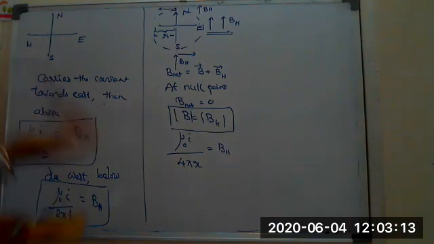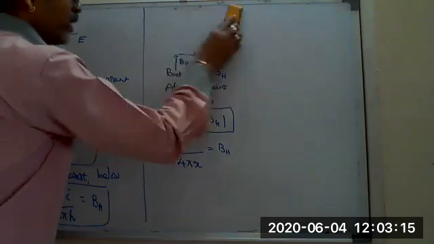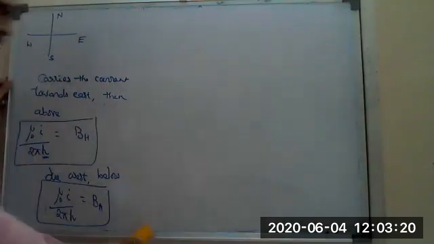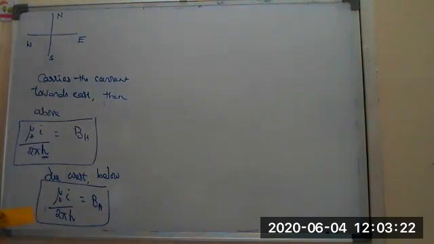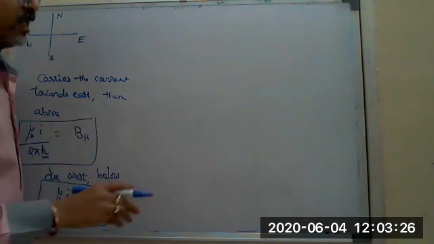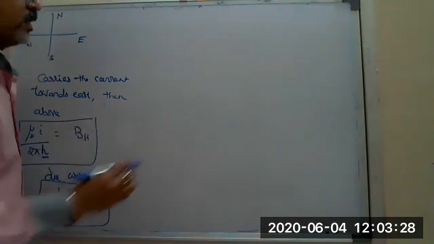Okay, if I take more than two conductors, or two conductors simply, then in that case how do we get the null points by neglecting the Earth's magnetic field, if they ask?